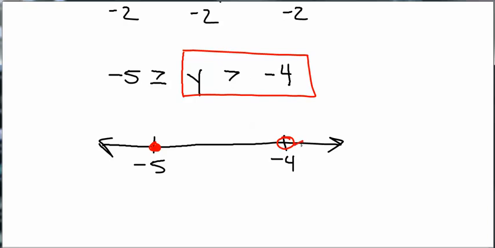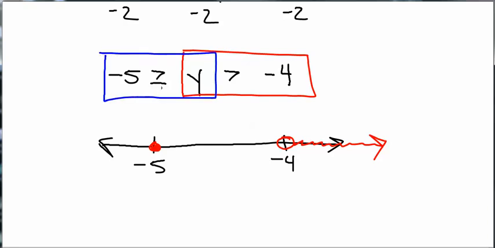You got to shade to the right. This other one, now the variable's on the right, isn't it? You got to shade opposite. So you got to shade this way. So that's a case where the variable's in the middle, but you got to shade opposite directions. A lot of times it happens when you got to divide by a negative, because you had to change the directions of the arrows. So be careful when it gets to the graphing part. Clear?